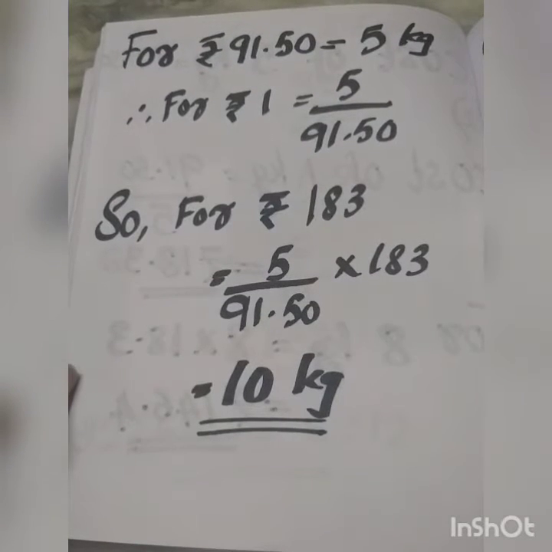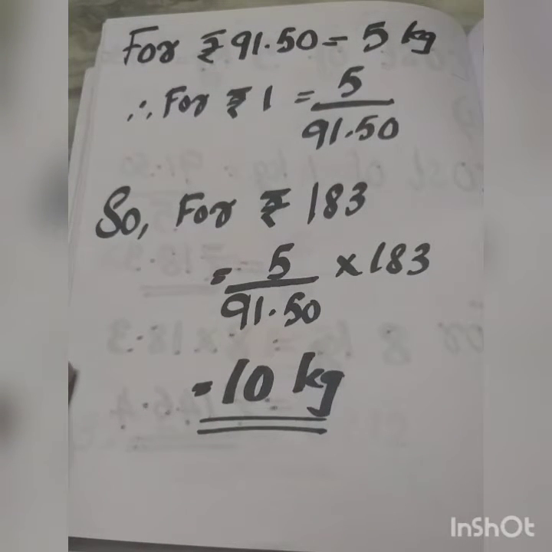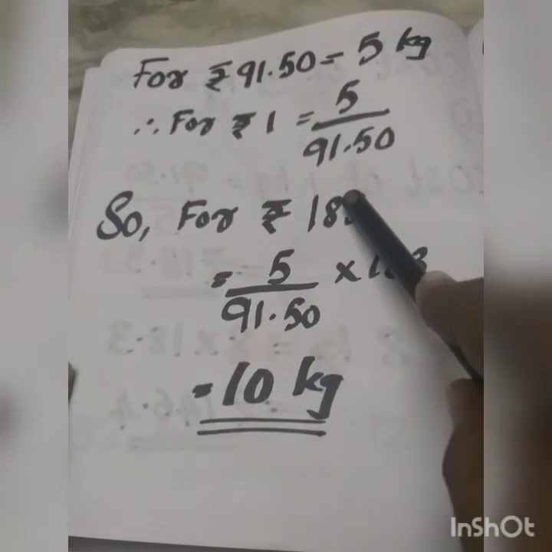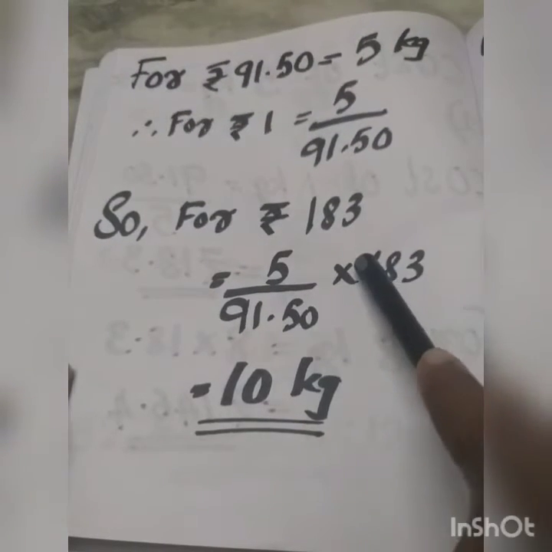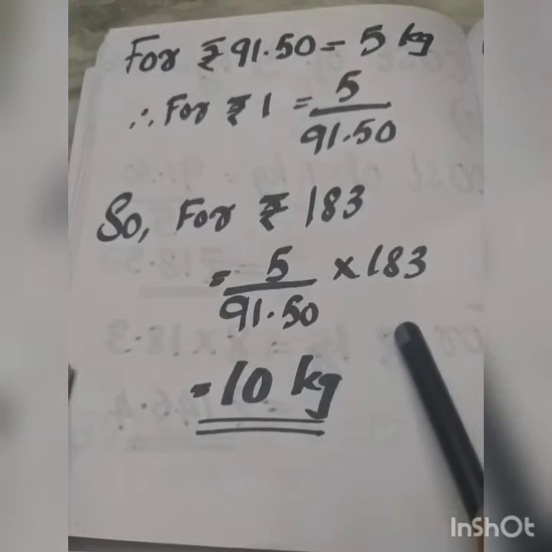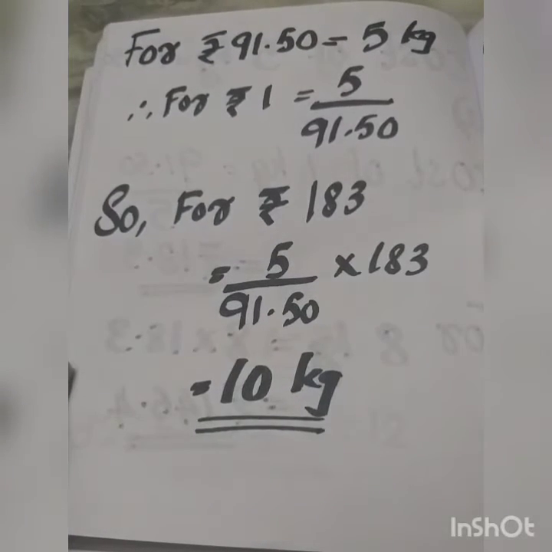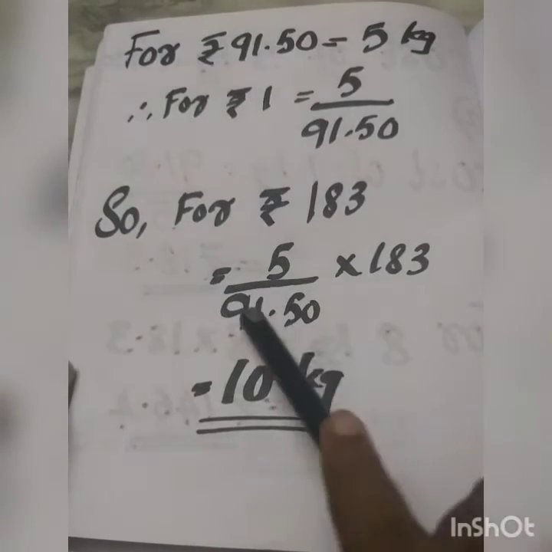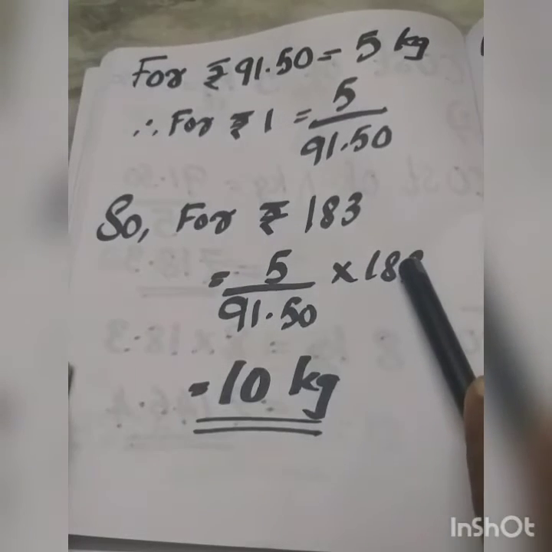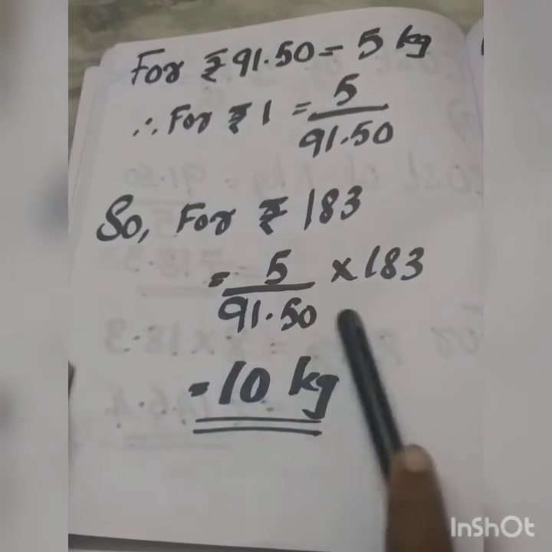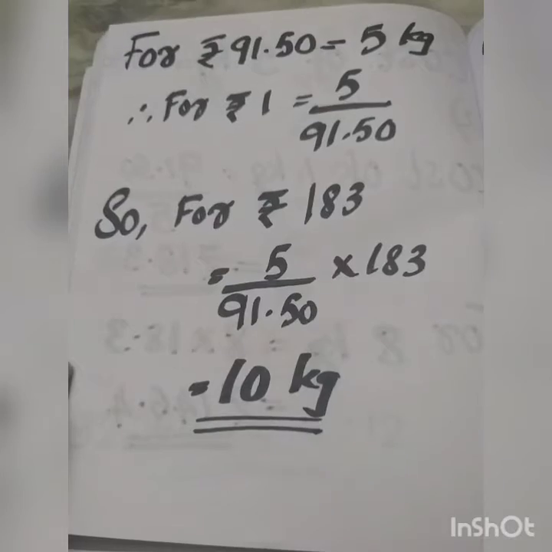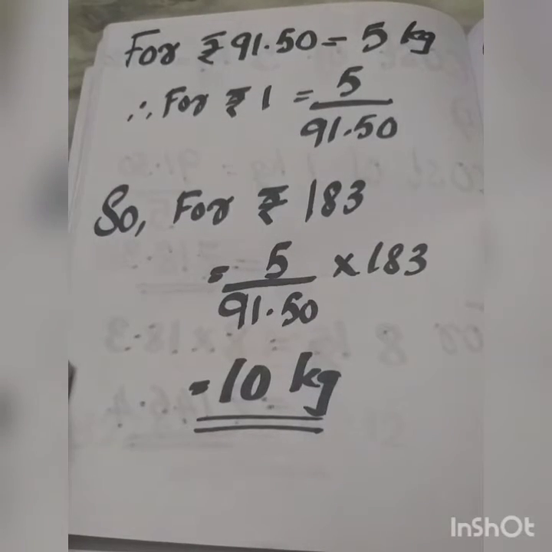Now dividing again you will get a decimal number because 500 is less than 9150. Then multiplying with 183 you will get 10 kg. So you can solve in that method. Or if you multiply 5 into 183 directly you will get 915 and dividing by 91.50 you will get 10 kg. So you can follow any method.